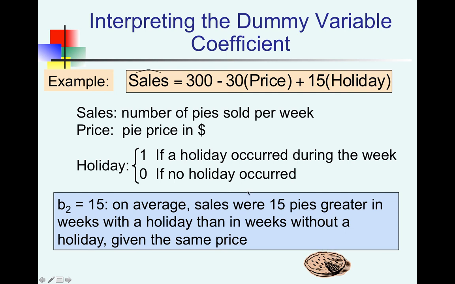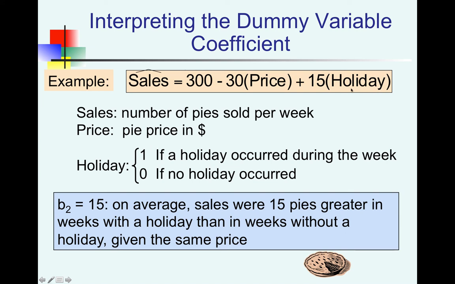So let's interpret the slope value. Let's say in my pie sales I get an intercept of 300, a slope for price of minus 30, and a slope for holiday, our dummy variable, of 15. How would we interpret that? There's no such thing as increasing the holiday variable by 1, because it's either 0 or 1.